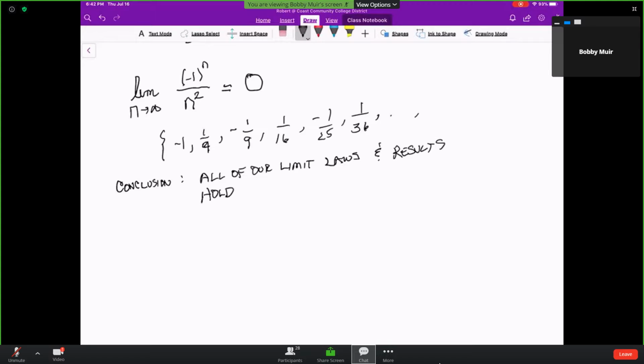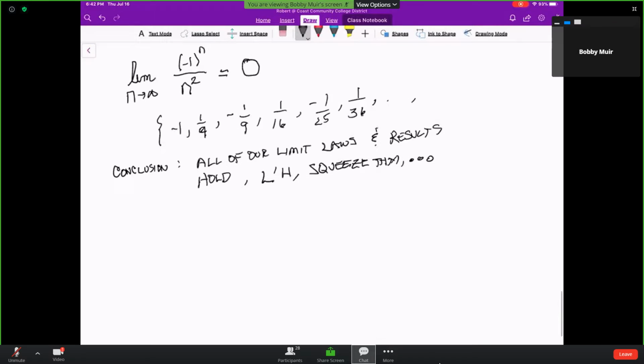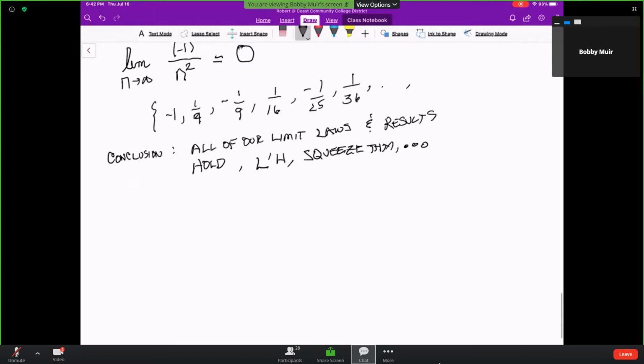What I mean by that is L'Hopital, the squeeze theorem, anything else that we came up with, okay? So we don't have to go back and redo all of this stuff, okay? We've got this, all right?